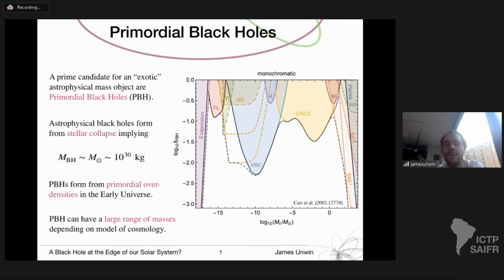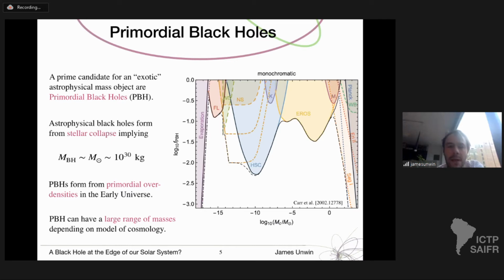And you can also place various experimental bounds. So I pulled this nice plot from a paper of Carr and collaborators. What you can see is the mass of a primordial black hole over the mass of the sun on some log scale.